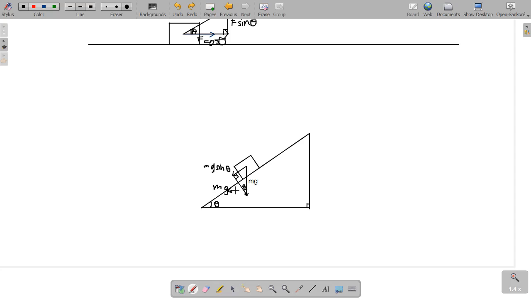So this mg sine theta component is the component that affects your acceleration downward. If you want to find the acceleration, use F equals ma.